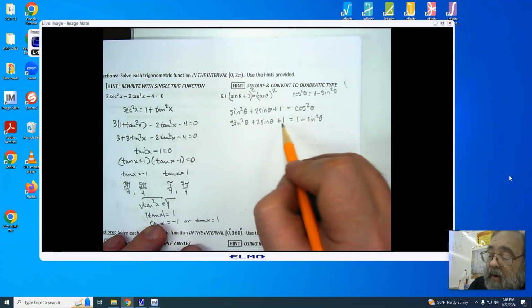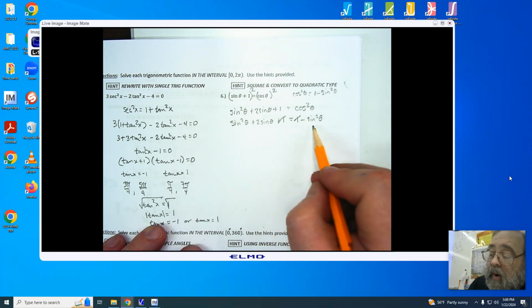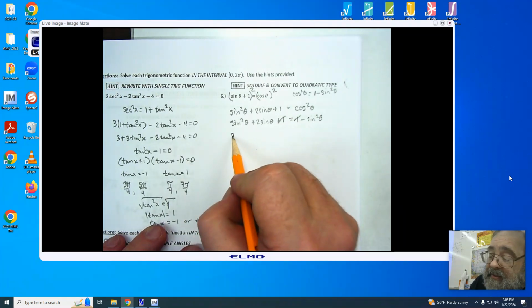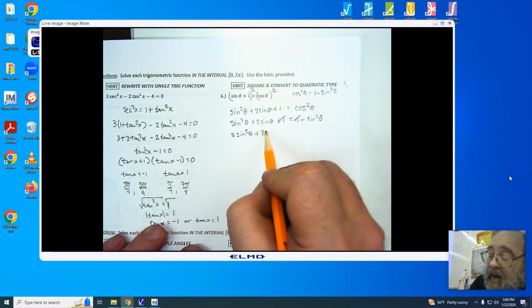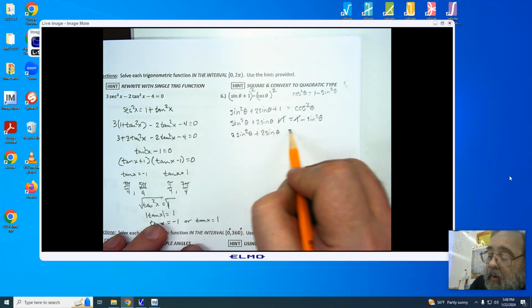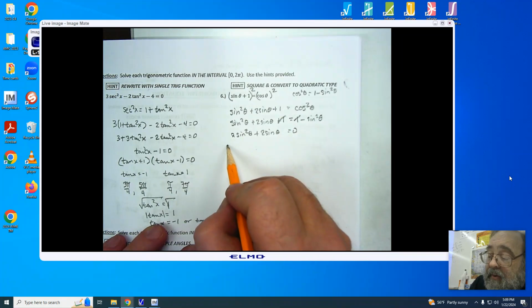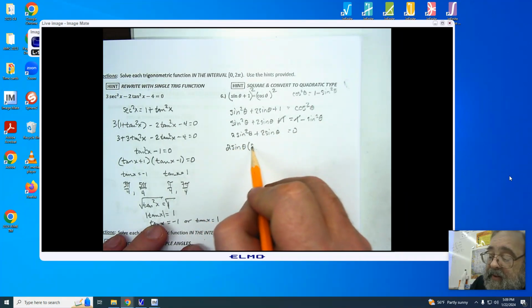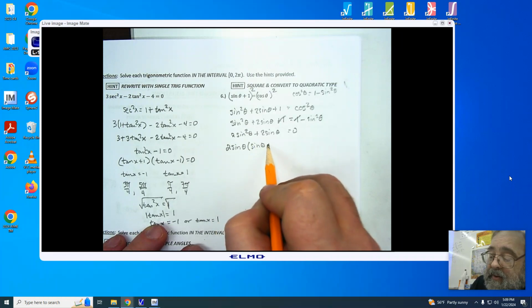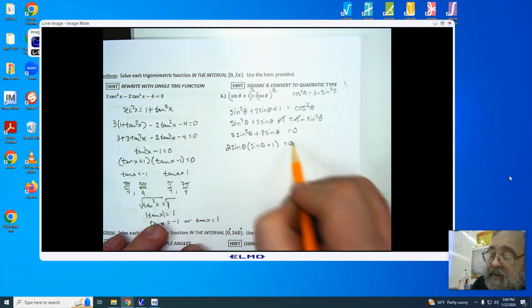When I subtract 1 from both sides, they cancel. When I add sine squared to both sides, I get 2 sine squared theta plus 2 sine theta equaling 0. I can now factor out the 2. I can factor out the sine of theta, and I'm left with the sine of theta plus 1 equals 0.